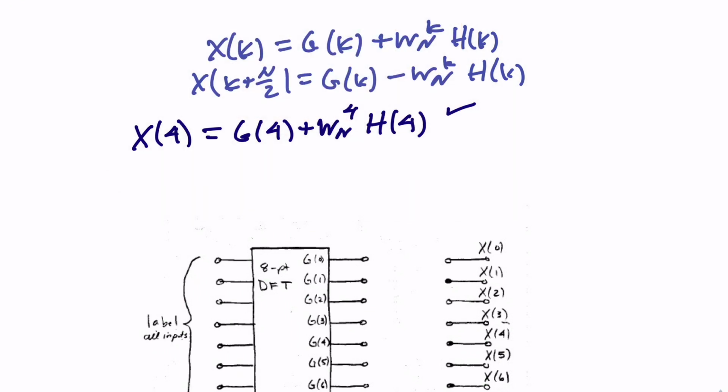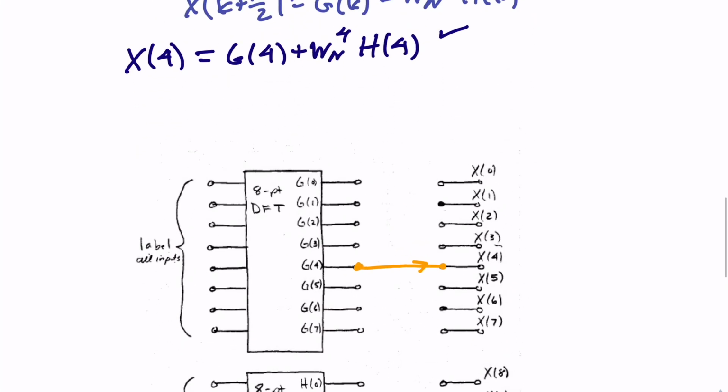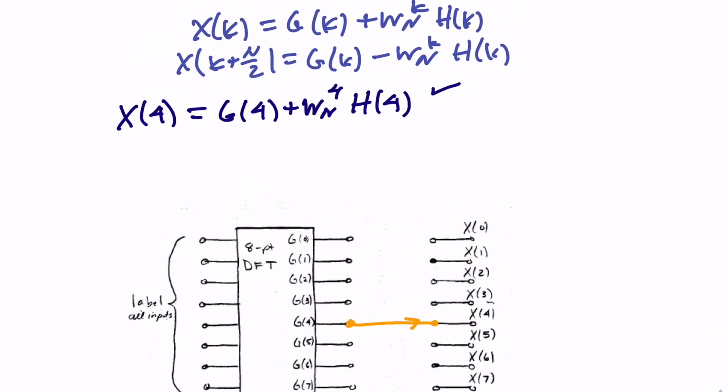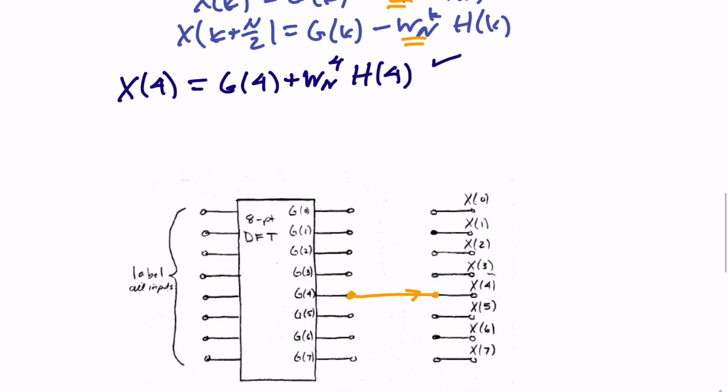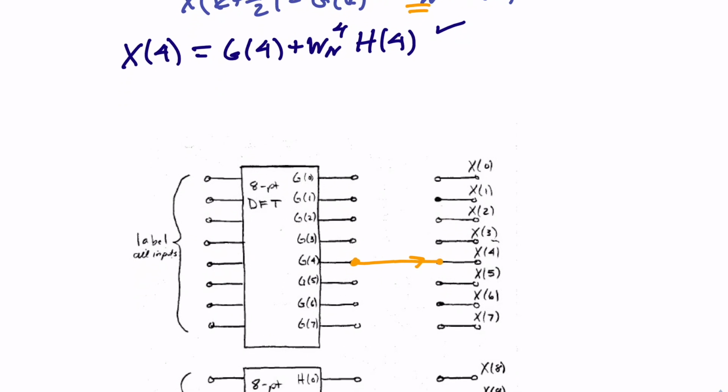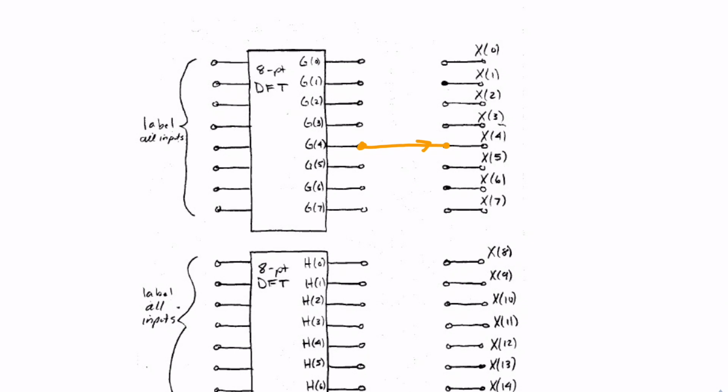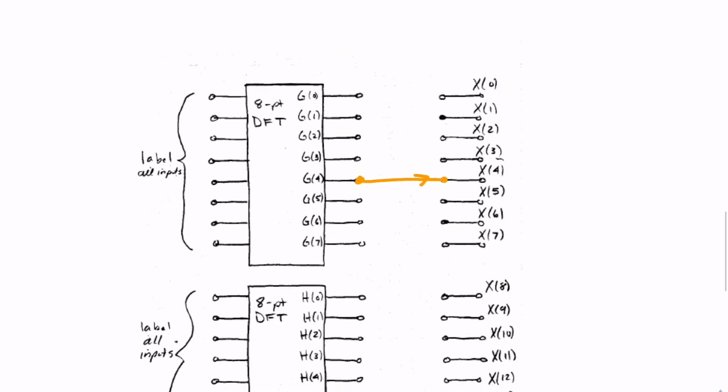If I want x of 4, I have to tap from G of 4, and I get that here. Then notice for the h's, it's always W and K, either for the upper half or the lower half of the butterfly. So I'm going to put the W's right on the line coming out of H. It can split off, but this way we only have to do one multiplication instead of 2.